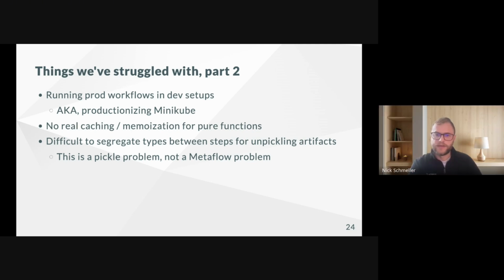Yeah, basically. Say we have an intermediate representation in one step, and we have our own schema for that. We've defined a Python type, and we want to store that and use it in the next step, and that's fine.